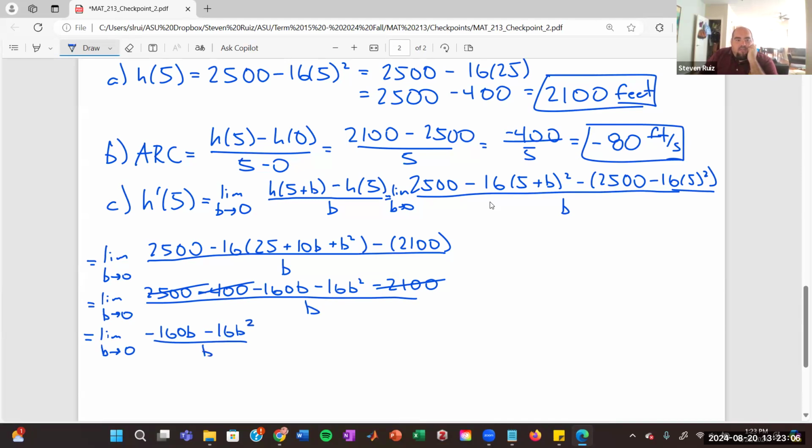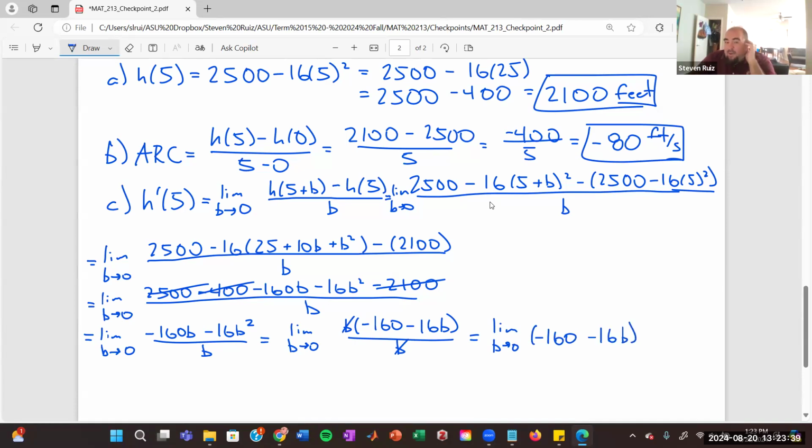over b. We're very close to a place where I can evaluate this limit because I'm going to factor out a b from the numerator. If I factor out a b, I get negative 160 minus 16b, all over b. This factor of b cancels this b, and I have the limit as b goes to 0 of negative 160 minus 16b.